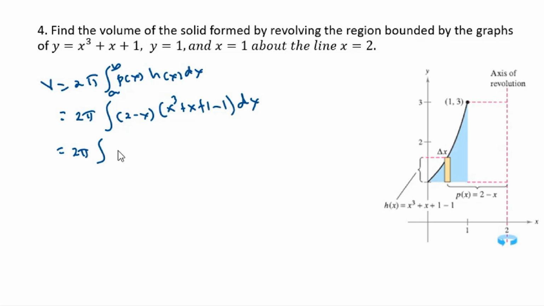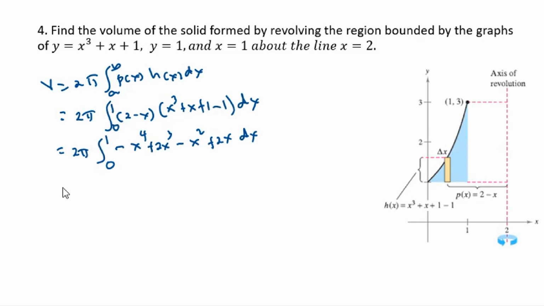Simplifying this, we get negative x raised to 4 plus 2x cubed minus x squared plus 2x dx, from 0 to 1. So this is also from 0 to 1.